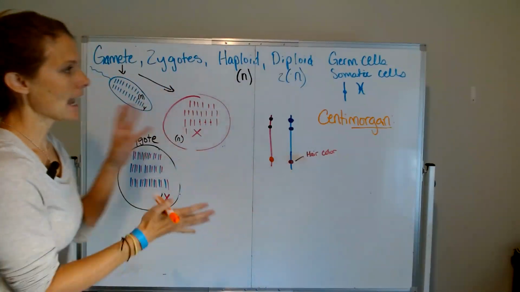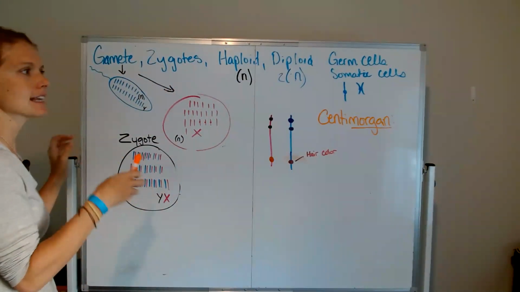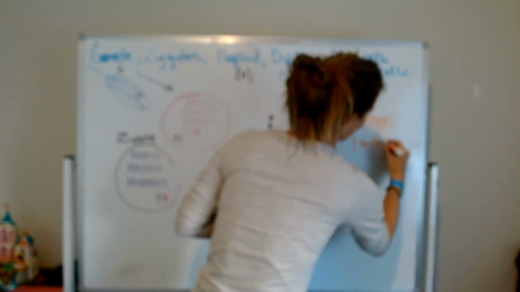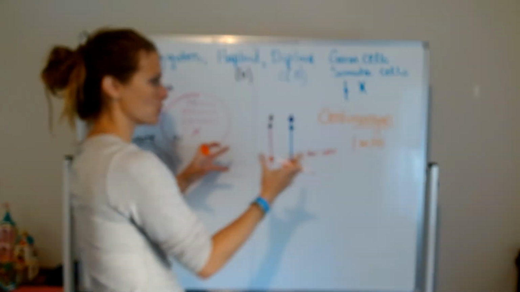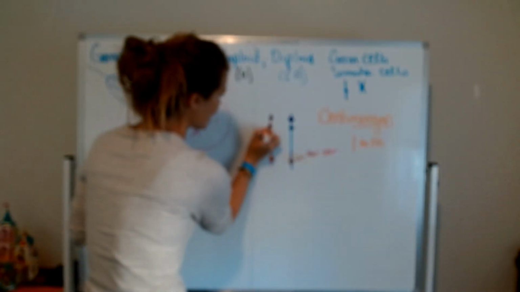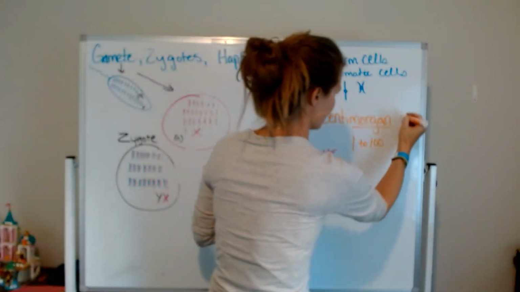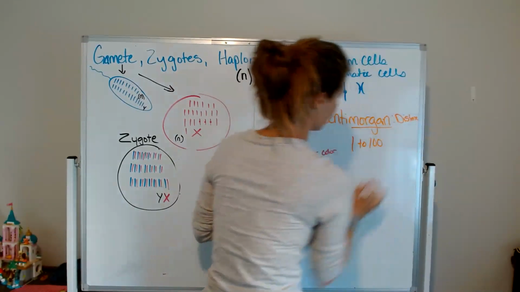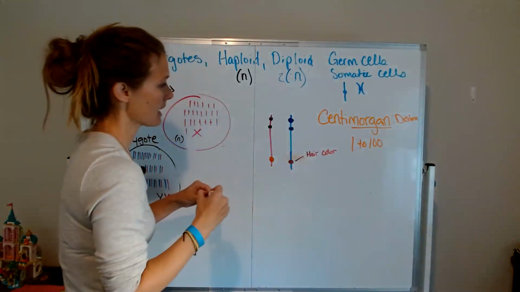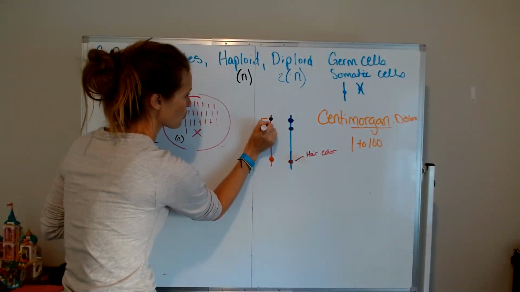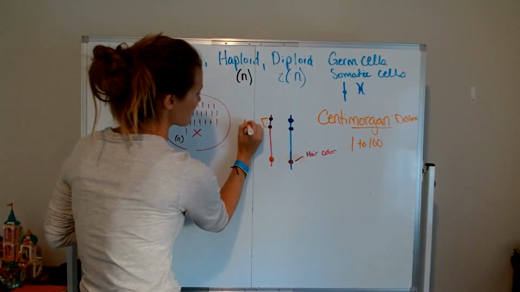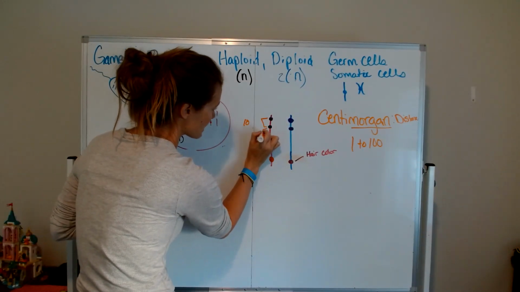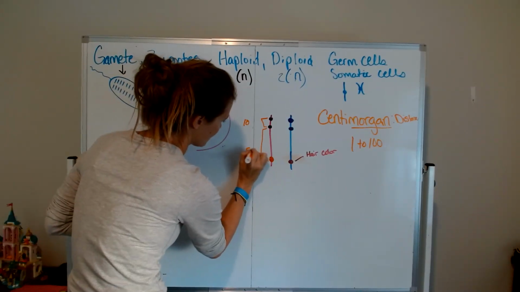So it's a 1 to 100 ratio, or percentage, that it will cross over. So say right here, this is a distance between genes on the same chromosome. Okay, so here's a distance here, and we can say it's like 10% or 10 centimorgans. Whereas this right here, we can say is like 50.